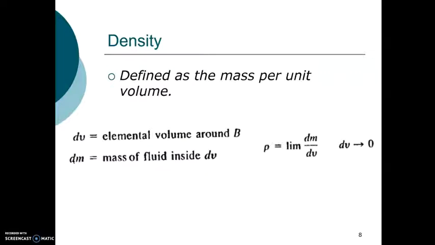That is, if you have an elemental volume around a point B in the fluid, denoted by dV, and the mass of the fluid inside dV is given by dm, then the density, which is usually denoted by rho, the Greek letter rho, is equal to the limiting case of dm over dV, as dV tends to 0.